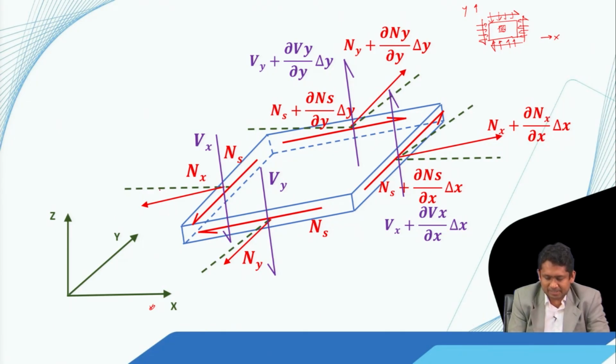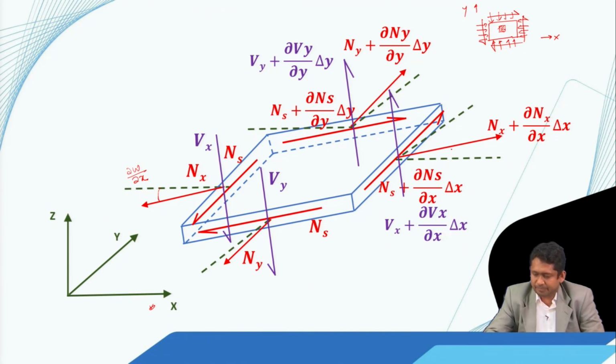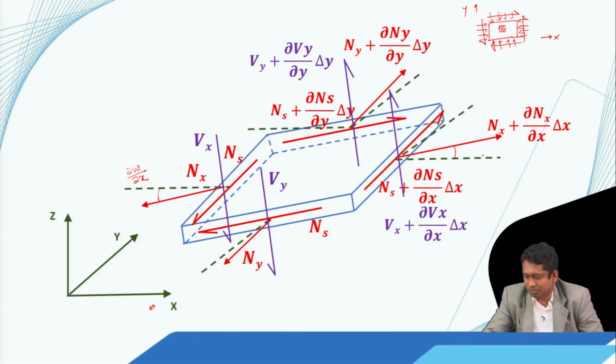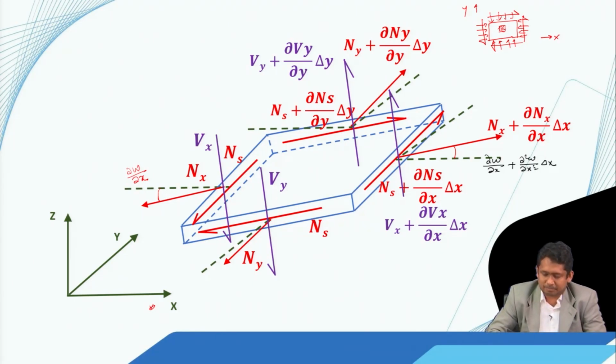This Nx makes an angle here, and we can say that this angle is del w by del x, the angle it is making with respect to the x axis. Now when we traverse this distance delta x along the x axis, along this plate, there is a change in the slope with respect to the x axis, and that new slope we can call del w by del x plus del 2w by del x2 multiplied by delta x.